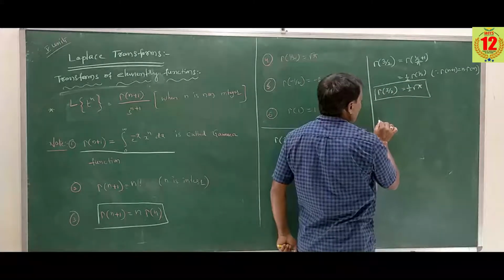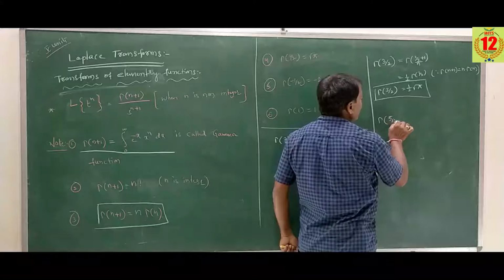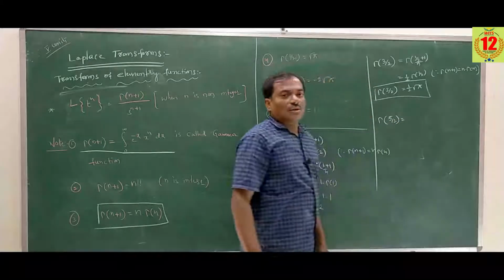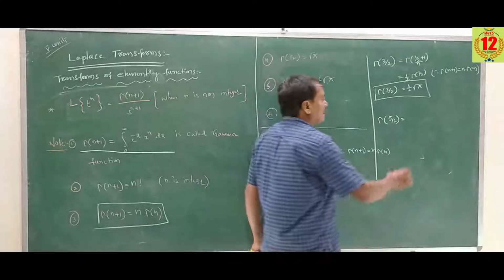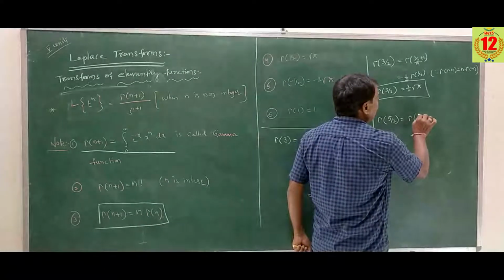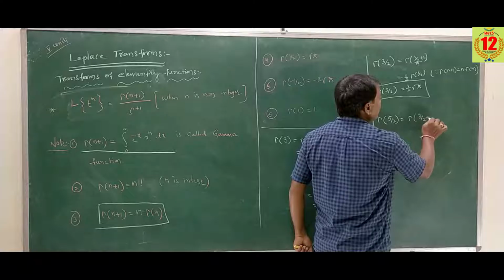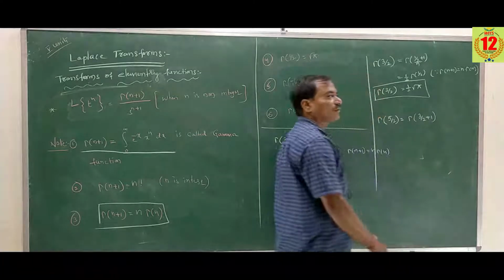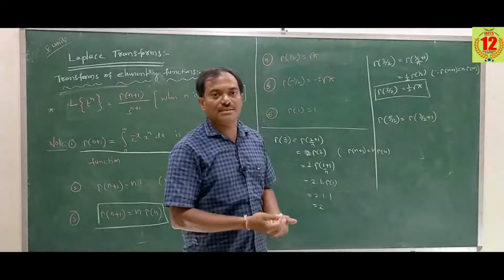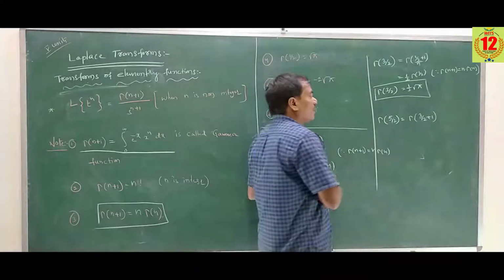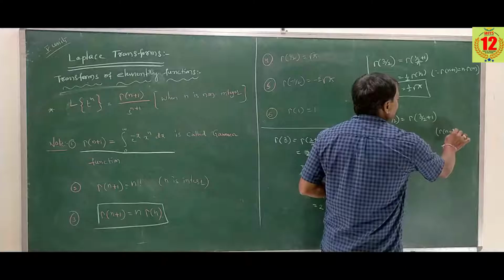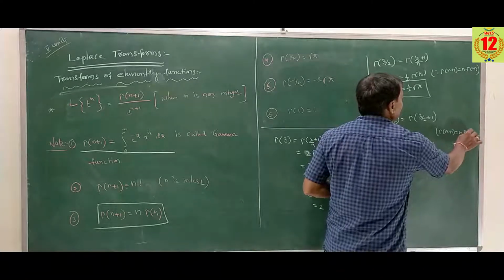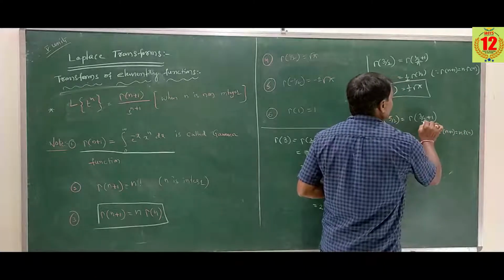And similarly, we have to find out gamma of 5 by 2. It can be written as gamma of 3 by 2 plus 1. 5 by 2 can be expressed as 3 by 2 plus 1. And similarly, we have to use gamma of n plus 1 formula. This is equal to n into gamma of n. Here, n equal to 3 by 2.